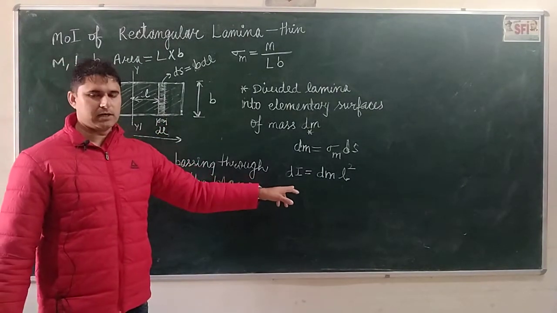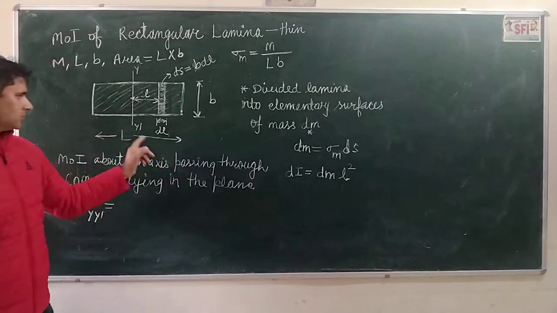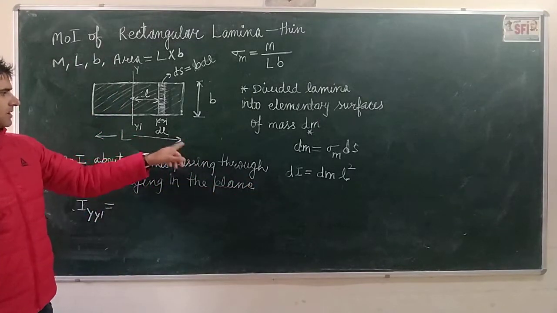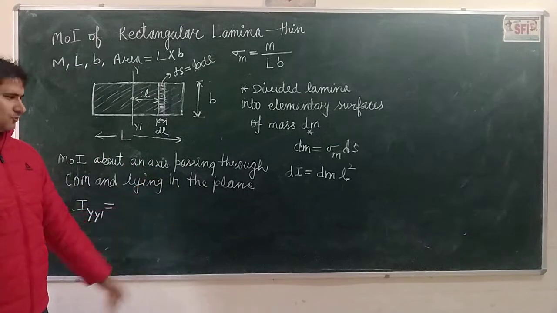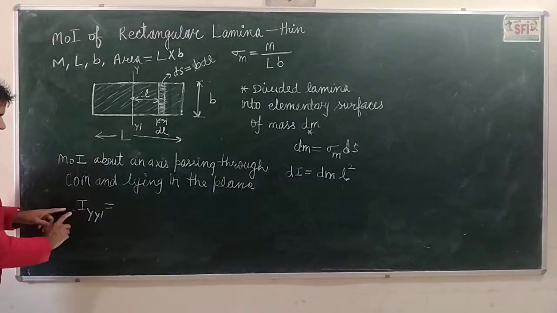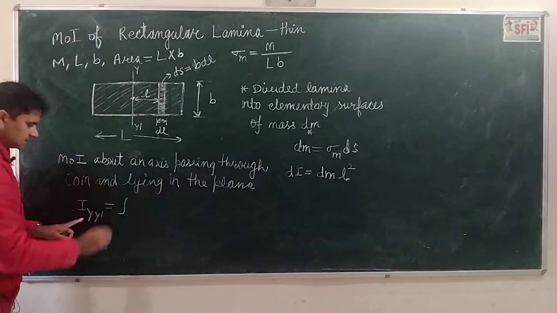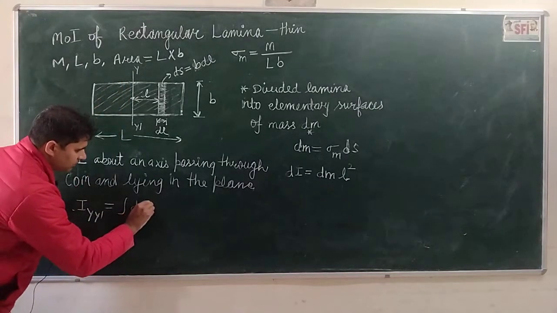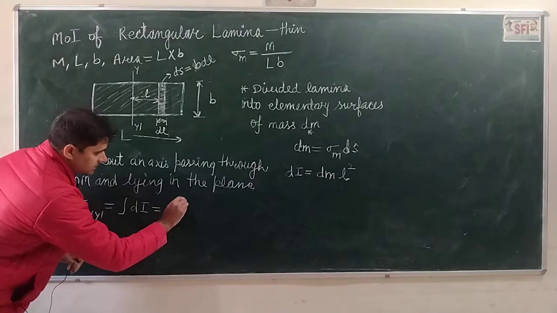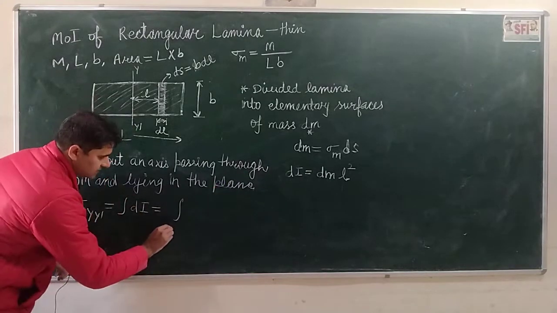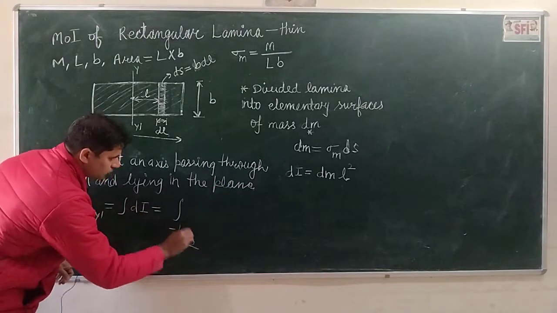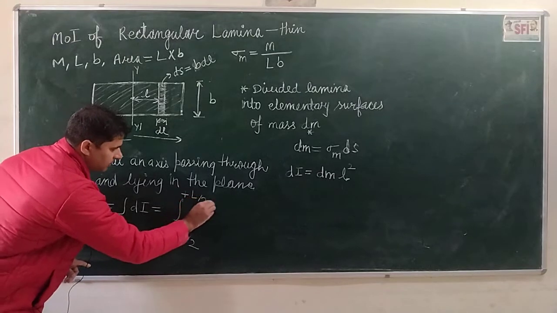Mean to say you have to integrate this relation within the limits minus L by 2 to plus L by 2. Then you will get the moment of inertia about this axis.